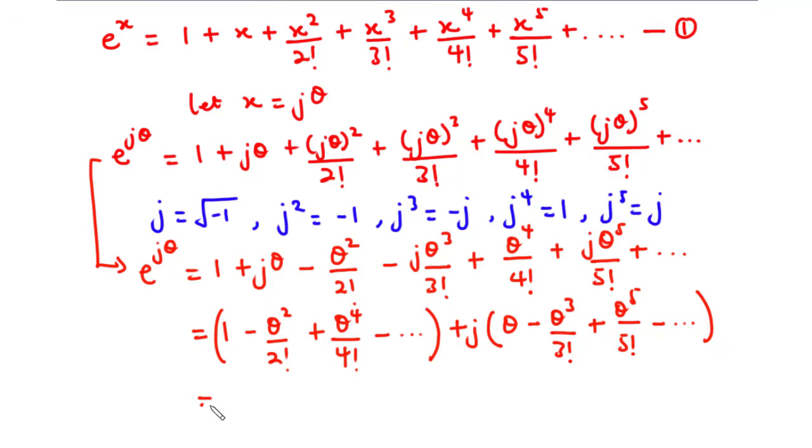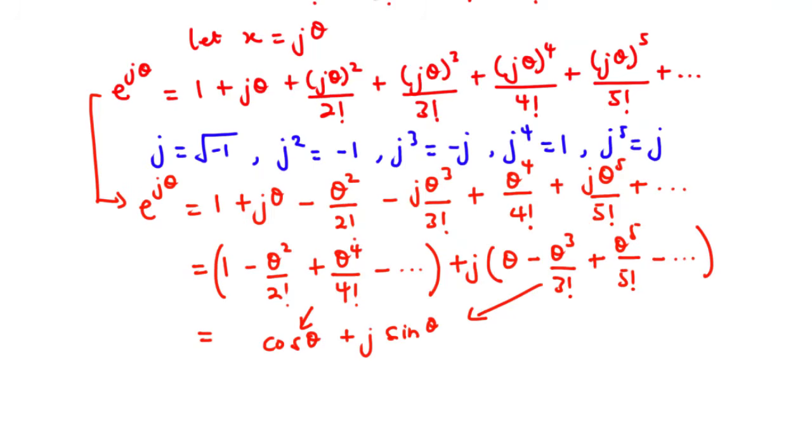Therefore, we say that this is equal to cos theta plus j sine theta. Therefore, e exponent j theta is equal to cos theta plus j sine theta. Now let's call this equation 2.